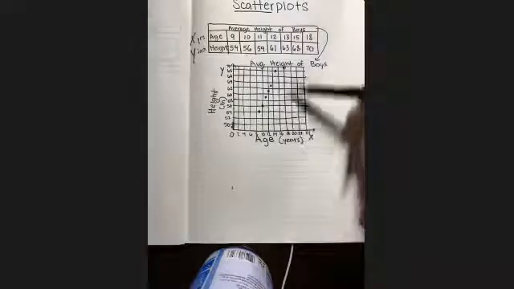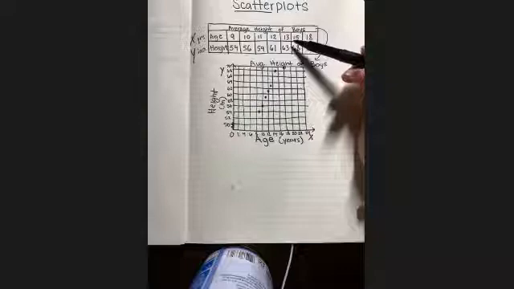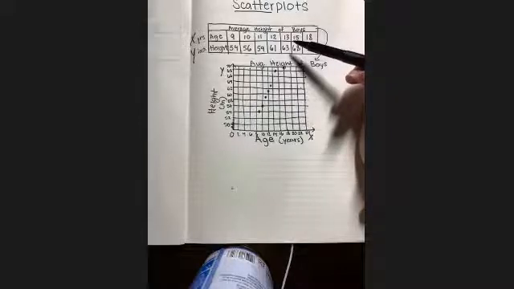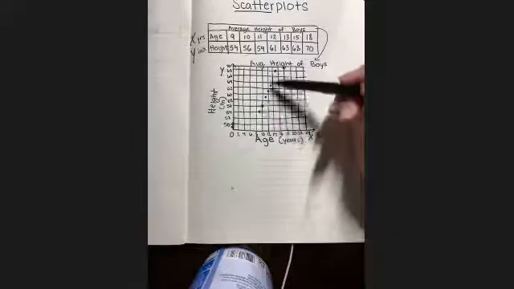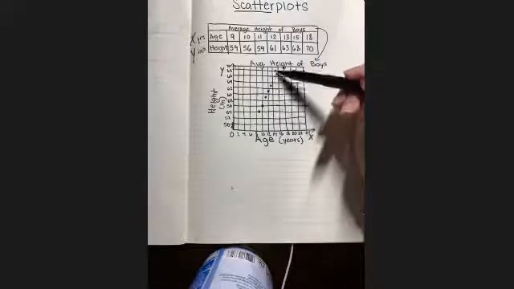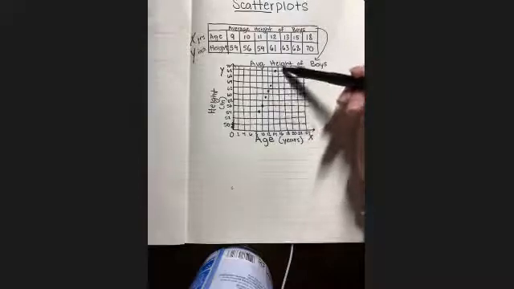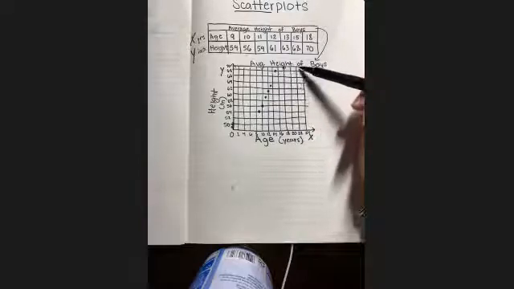You're not going to be 20 years old and 100 inches tall. Because let's think about it. 100 inches tall, 100 divided by 12, that's over 9 feet, right? That would be horrifying.